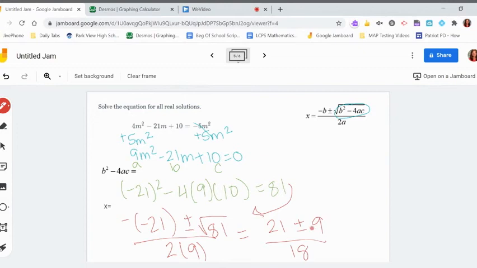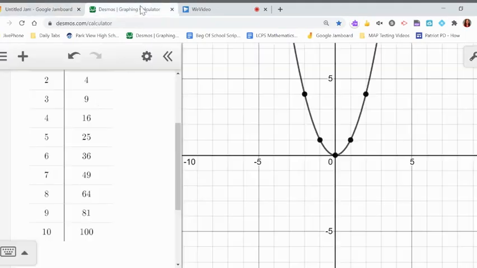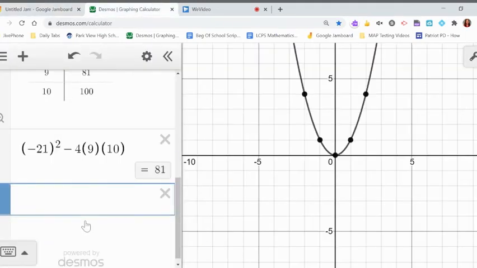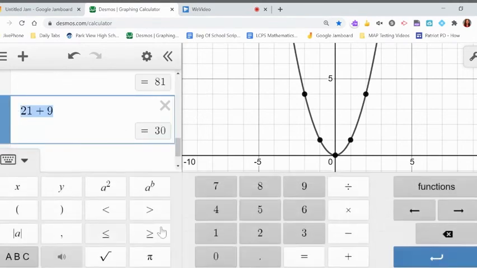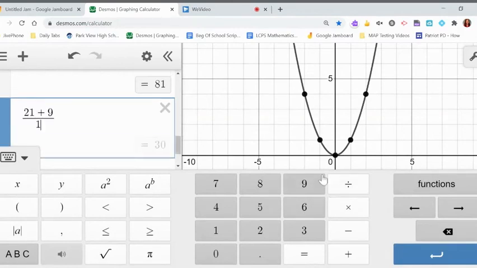So now, because we could simplify this square root, we get to keep going. So I got to do 21 plus 9 over 18 and 21 minus 9 over 18. That's my plus or minus. I have to do both of those. So over here, I'm going to do 21 plus 9 all divided by 18.